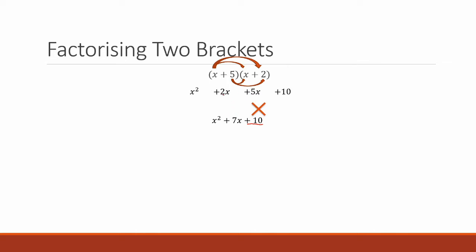I actually added my two numbers, the 2 and the 5, together to get to 7. So what I'm doing when I factorize a quadratic equation is I'm actually looking for two numbers that will be factors of 10, they multiply to get to 10, and here they add to positive 7.